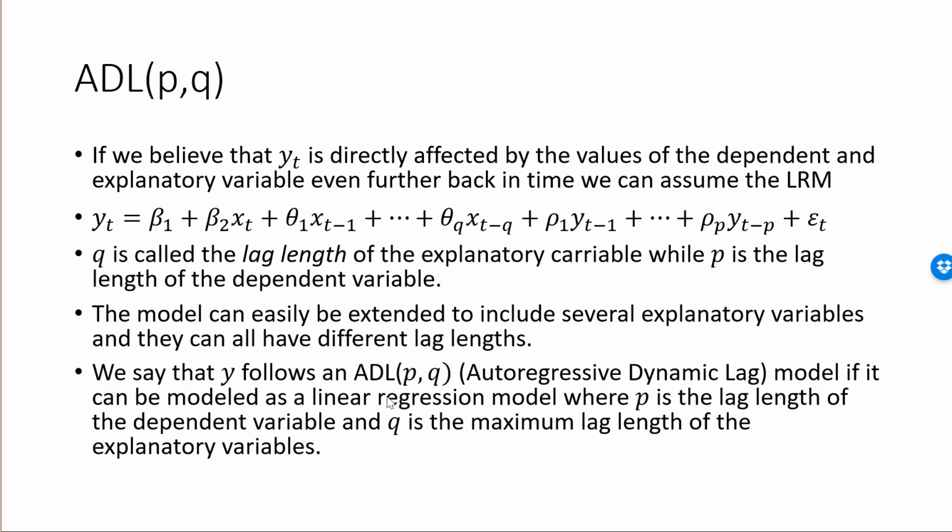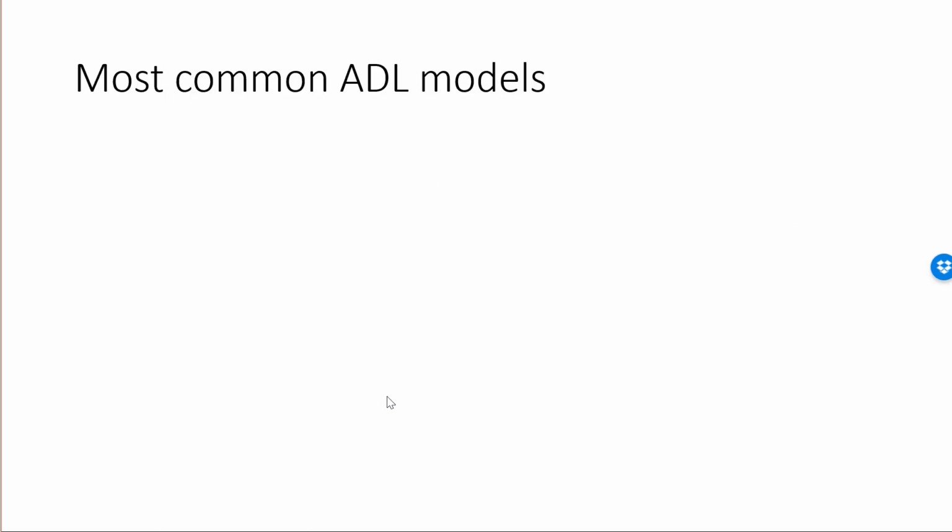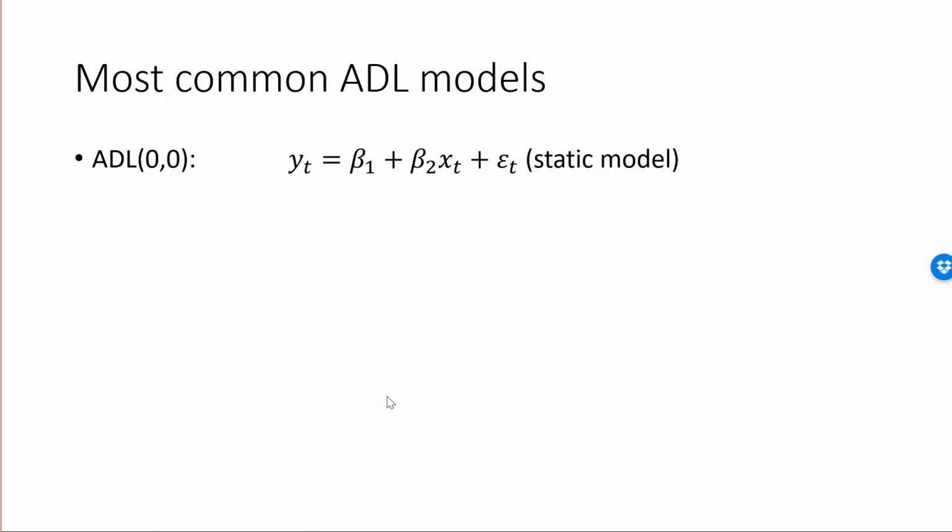So let's talk about the most common ADL models. ADL 0, 0, that's when you have 0 lag length on both, and that of course will give you the static model. Now you have no lagged variables at all.